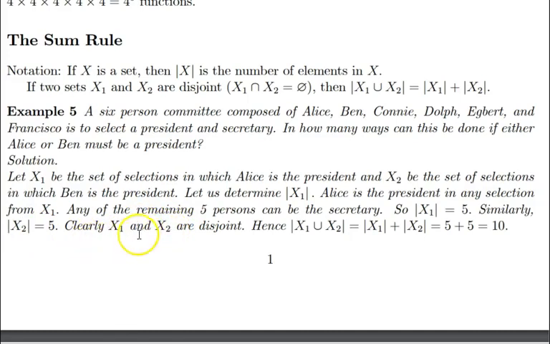No two committees, one of X1 and one of X2, are equal. So the addition principle applies, and the cardinality of the union is the cardinality of X1 plus the cardinality of X2, and we end up with 10.